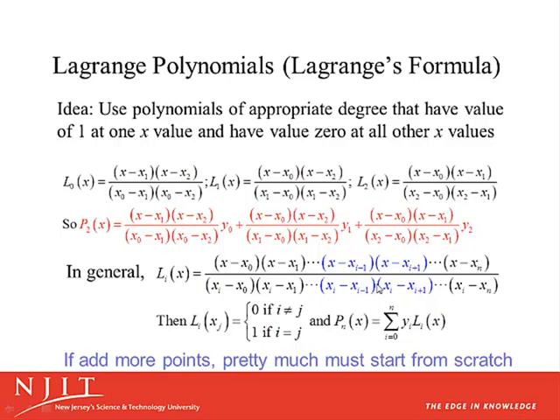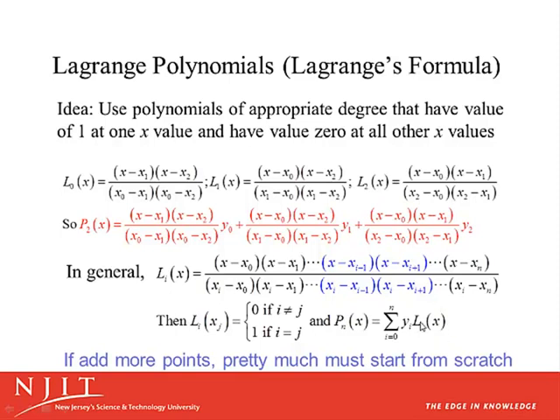You don't want 0 in the denominator. And that will give you all the L's. And so Li of xj is equal to 0 at all the other points, Li of xi is equal to 1, and then your polynomial is simply the y values multiplied by the appropriate one of the polynomials that you have.